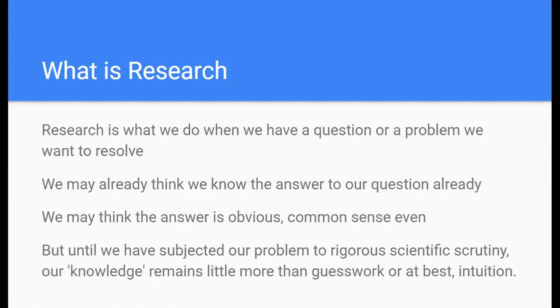Just think of a problem we want to solve. Power supply. Okay, power supply. Power supply is a big word. How do we have a stable power supply in Nigeria? Good. Research. So we're going to research, right?